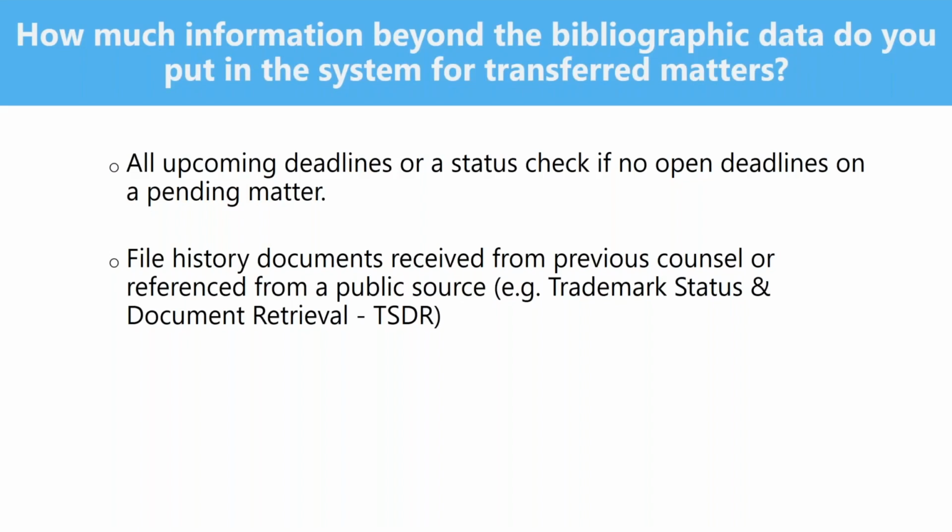So for me, I will say that TSDR is a little easier to manage on the U.S. trademark side. So the information is more accessible. You don't have to wait for a power of attorney, for example, to be filed to get access to the trademark information if you're referring to public databases to get some of that information, right? Yes. Okay.